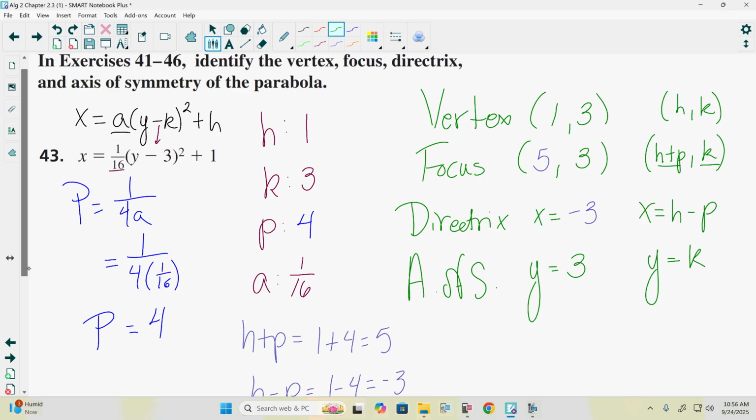The biggest thing to keep track of is making sure that we have the correct values of h and k, because with y equals, the value of h is inside the parentheses, k is outside. X equals, k is inside the parentheses, h is outside.